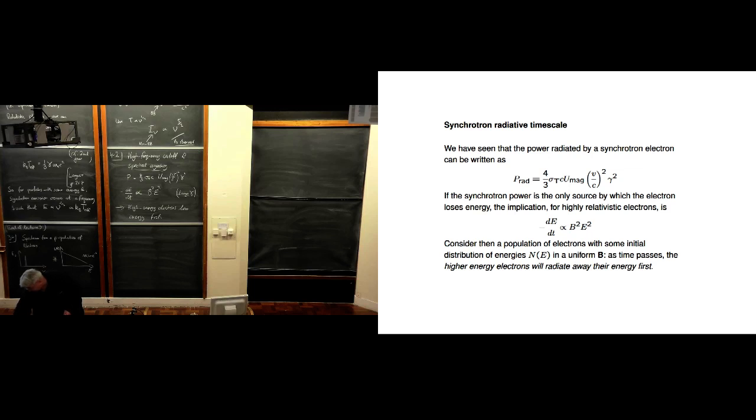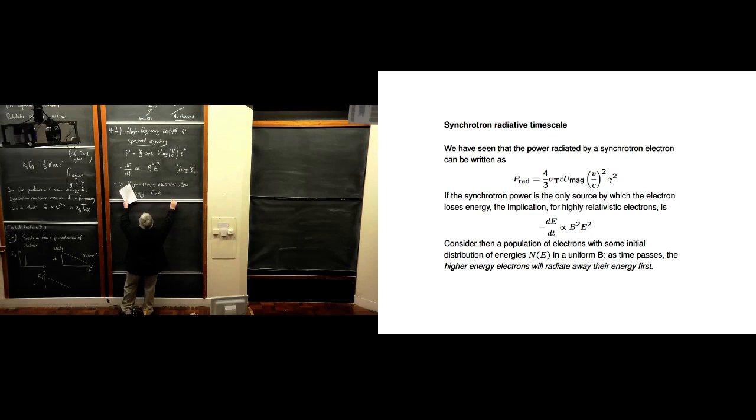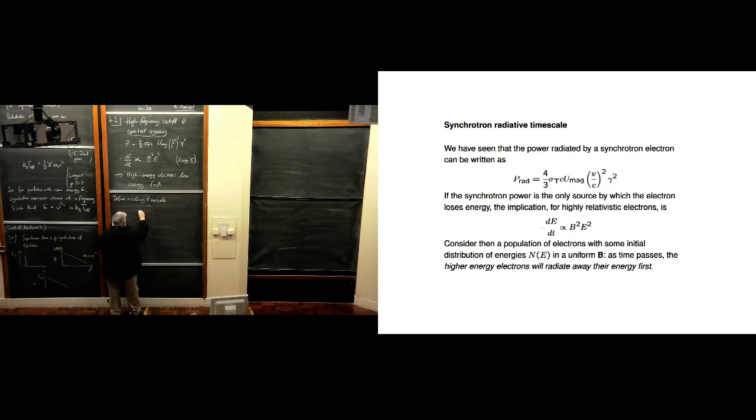So before we discuss this applies to the whole spectrum, let's just define a cooling time and see how that works. Right, so let's say for electrons with some energy E, I'll define tau just to be the instantaneous value of E over dE by dt.